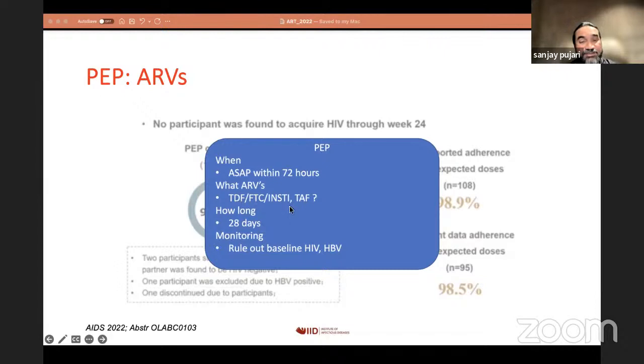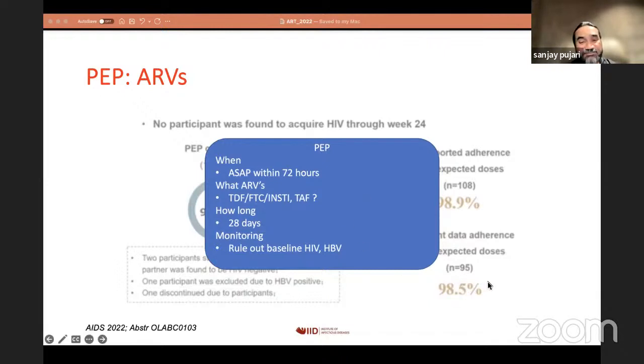So a 3-drug combination of a TAF or TDF based nucleoside backbone with an integrase inhibitor is a preferred ARV regimen for PEP. How long do we need to take it? For 28 days, after ruling out baseline HIV infection and HBV. If the source patient was on antiviral treatment and failing the antiviral drugs, with a detectable viral load, then we need to tailor it based on the possibility of resistance to the ARVs.